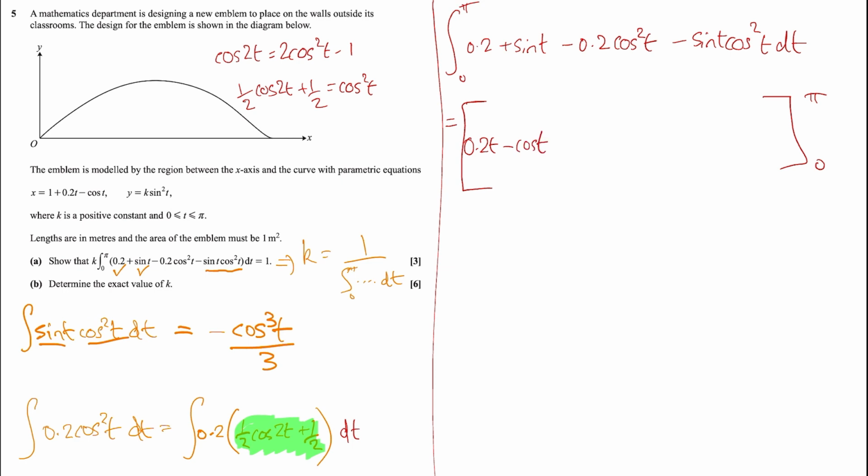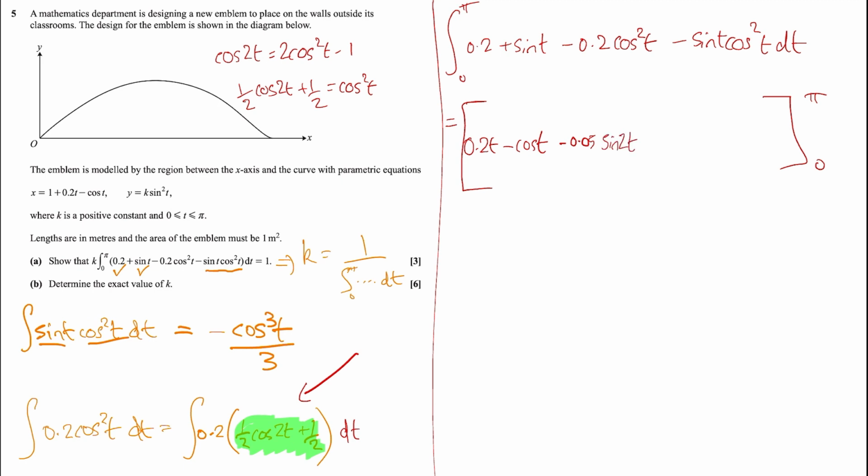This 0.2 cos squared, we know this is the same as this. So cos integrates to sine. So this is going to be a minus 0.05 sine of 2t.